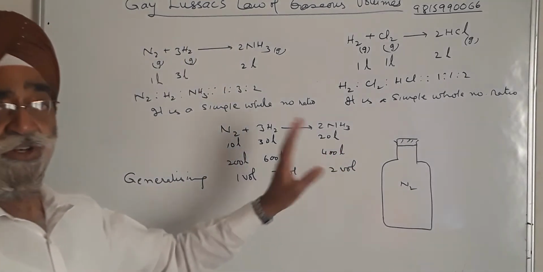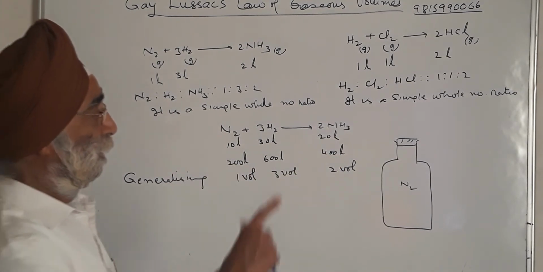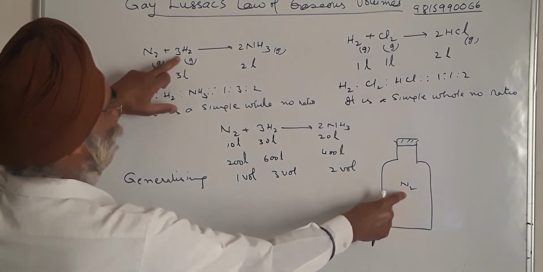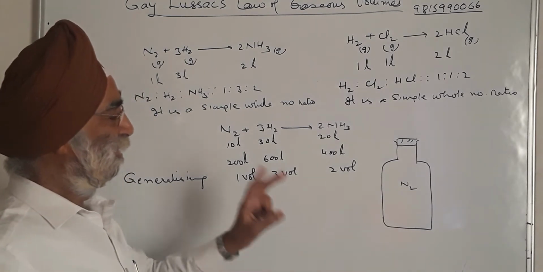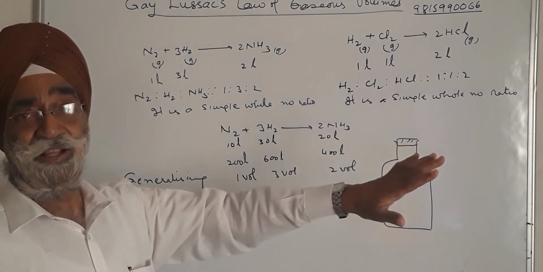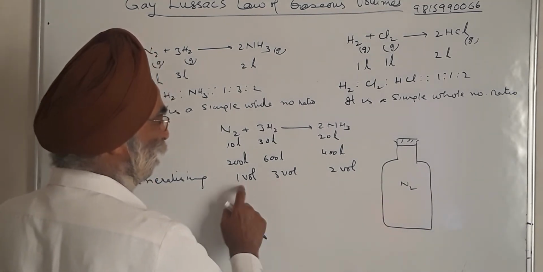We do not know what volume it really occupies. We shall have to take 3 such cylinders of hydrogen, and we shall get 2 such cylinders of ammonia as a product. This means volume.